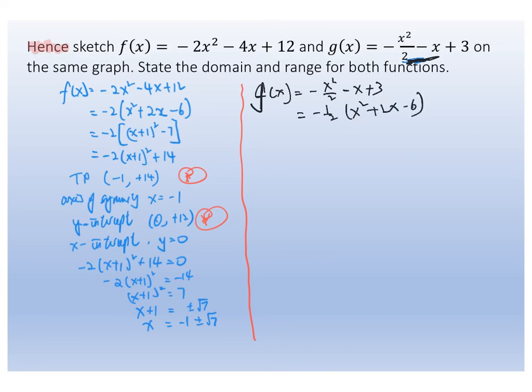Therefore the turning point here is minus 1, and this time the turning point is (minus 1, 3.5), which is half of the previous one, and the change is the y-intercept, which is now actually (0, 3).